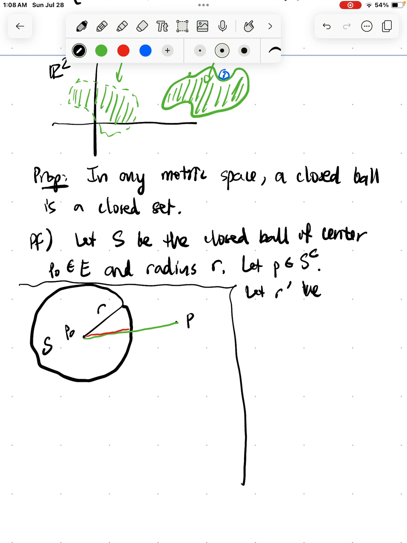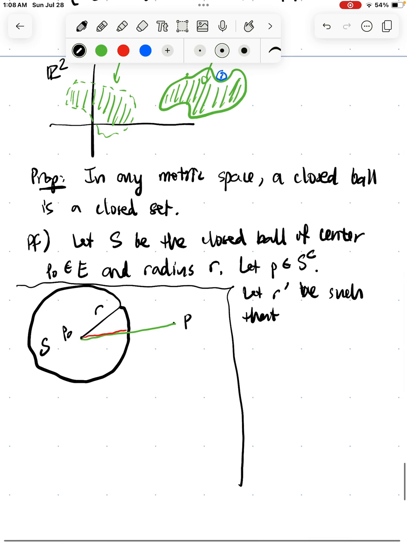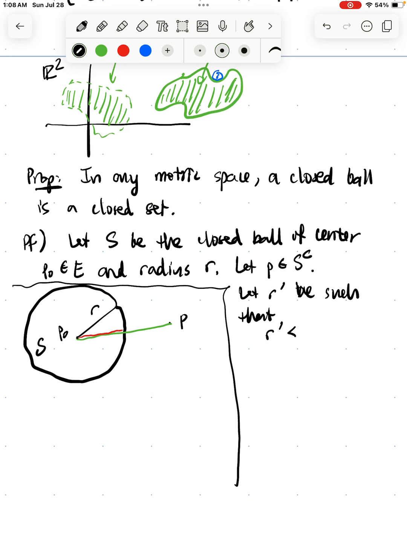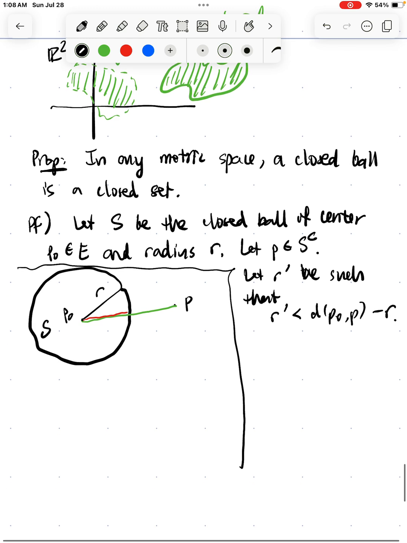Right, we should take R prime to be such that R prime is less than the distance between P naught and P minus R. By the way, why is the distance between P naught and P minus R positive?